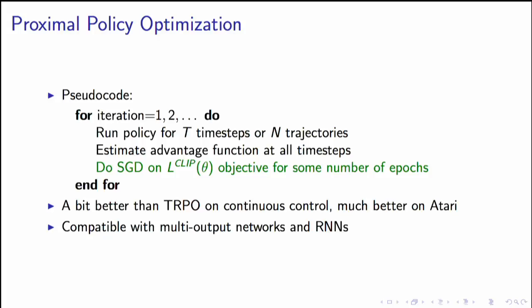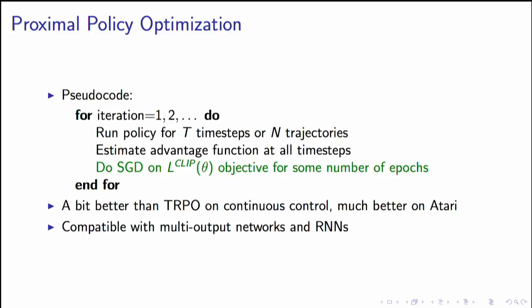And the nice thing about PPO is, since you're just doing SGD on some objective, it's compatible with doing other things along with policy optimization, like having a network with multiple outputs, doing prediction along with control. Also, it's easy to implement with RNNs, in contrast to some other methods which are also more sample efficient, but not so easy to implement with RNNs.